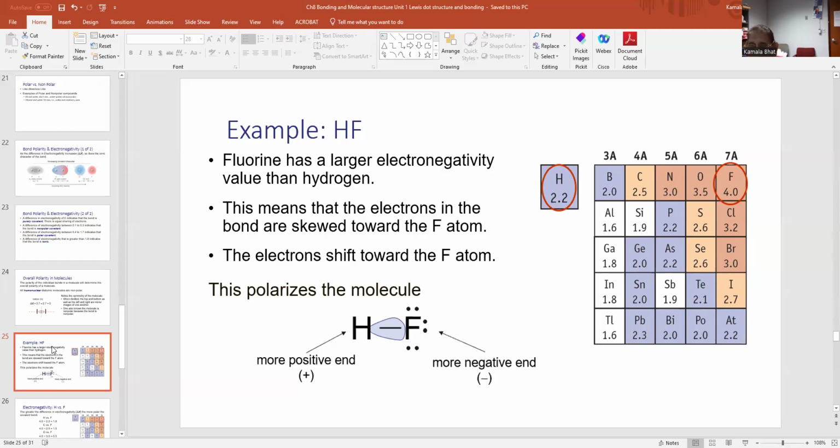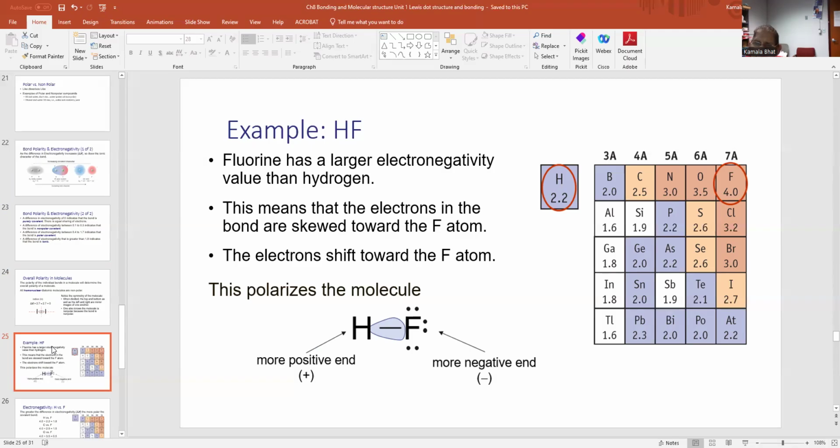If you take HF, the difference in electronegativity will be 4.0 minus 2.2, which is 1.8, and therefore we know that the electron distribution is towards the fluorine atom, and this polarizes the molecule.